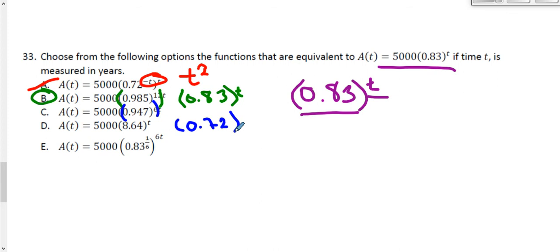So it doesn't work. That one is also not a solution. For part D, t is already by itself as an exponent, and the number inside is 8.64. That is not 0.83, so that is obviously not a solution.